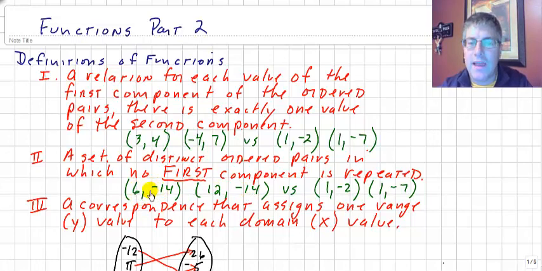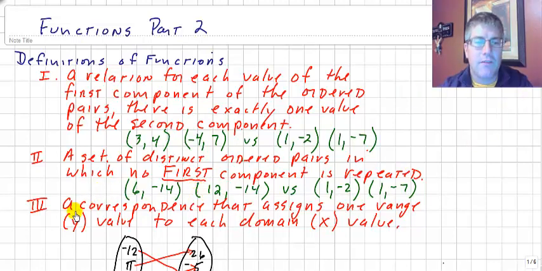So as long as the x doesn't repeat and lead to different y's, well, this is still a function. Whereas once again, just like we had in the previous problem, 1 leads to both negative 2 and to negative 7. No good, not a function. Whereas even though our outputs are the same, our inputs are different. So the first pair of ordered pairs is a function.